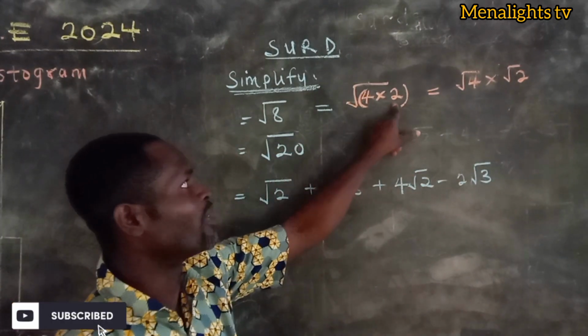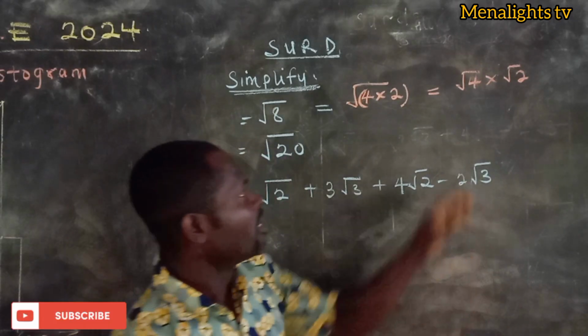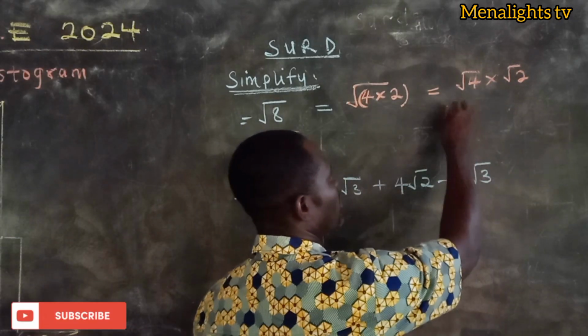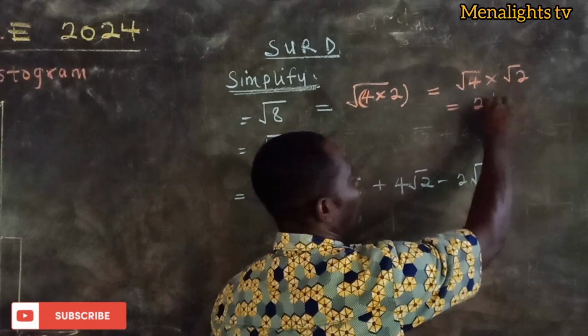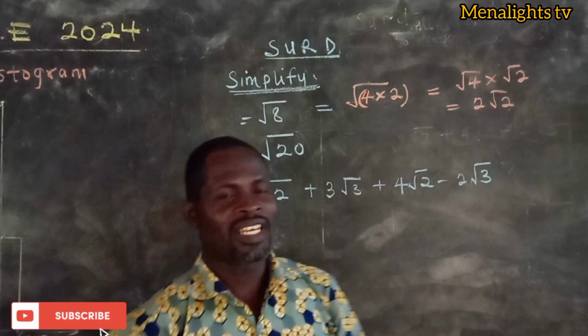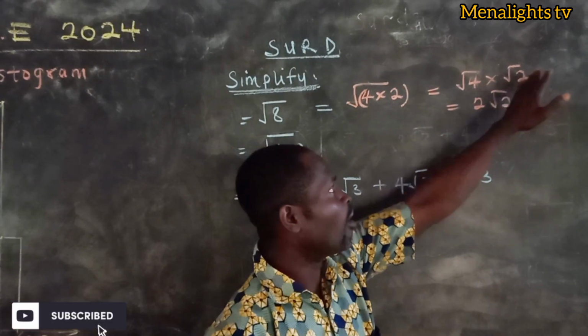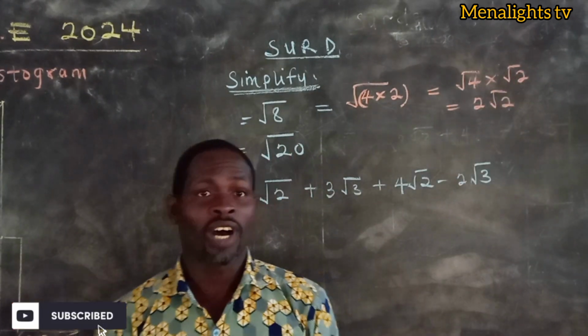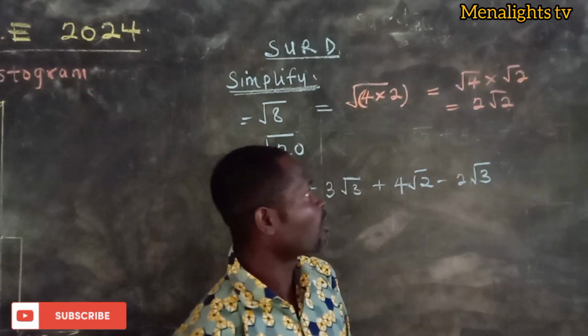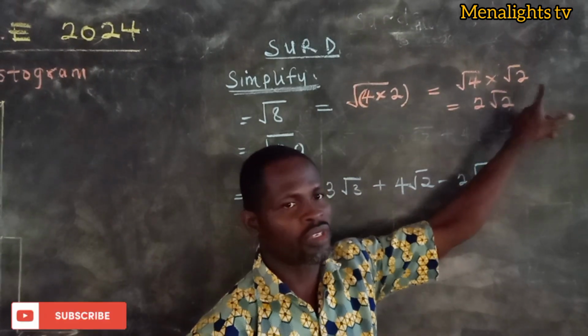The root of 4 will give us 2, times the root of 2. The root of 4 has an exact value, which is 2, but the root of 2 does not have an exact value. So the root of 8 is the same as 2 root 2.